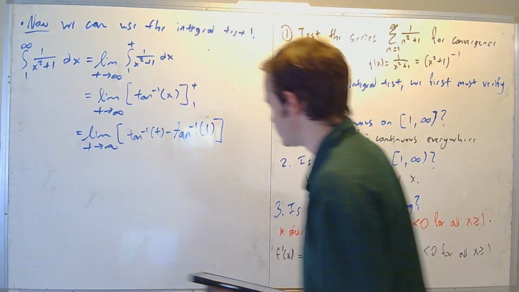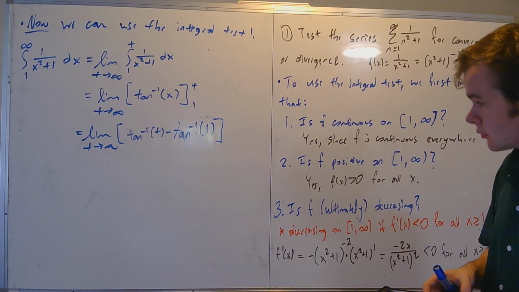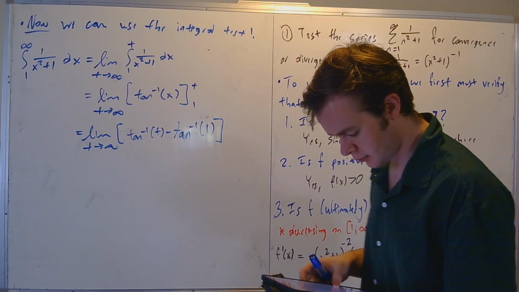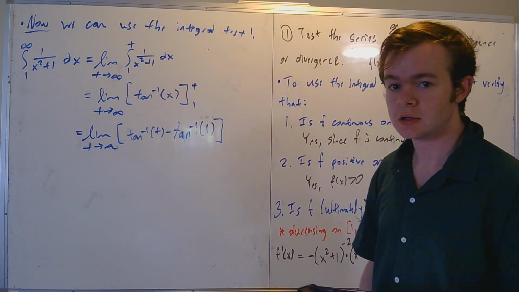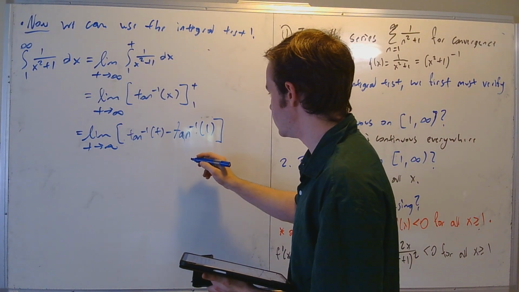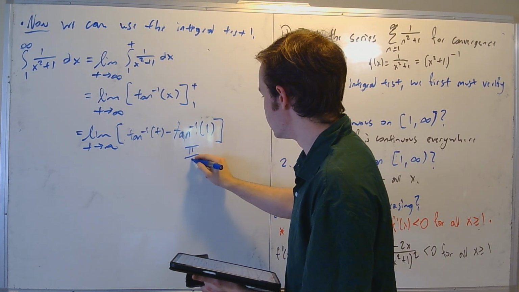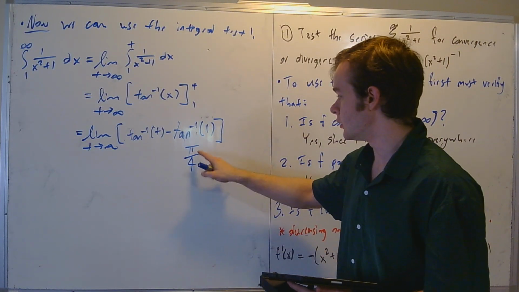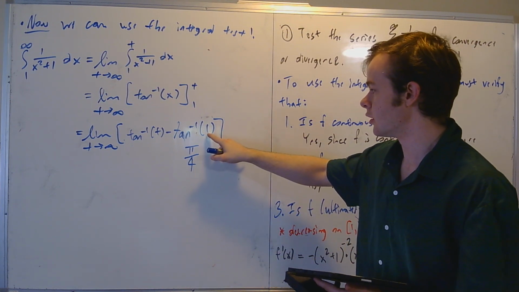Now we just have to look at what tangent inverse of 1 is going to be, and also what tangent inverse of infinity would be. So tangent inverse of 1, we just think about what angle gives us a tangent value of 1. And that angle would be pi over 4, right? Because tangent is sine over cosine, and at pi over 4, the sine and cosine are equal, so sine over cosine gives you 1.